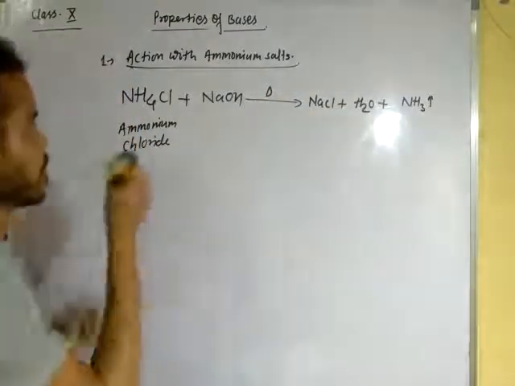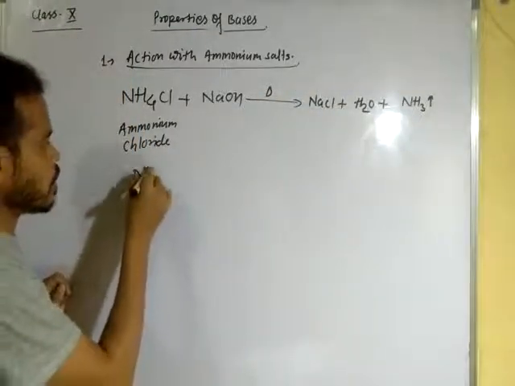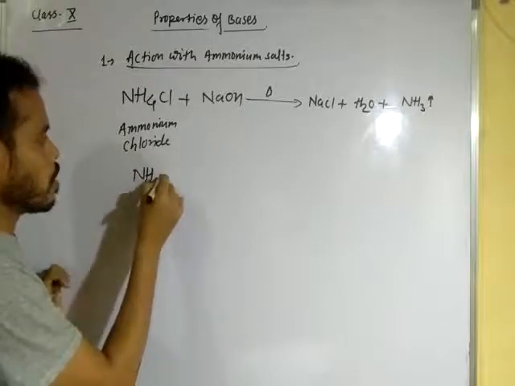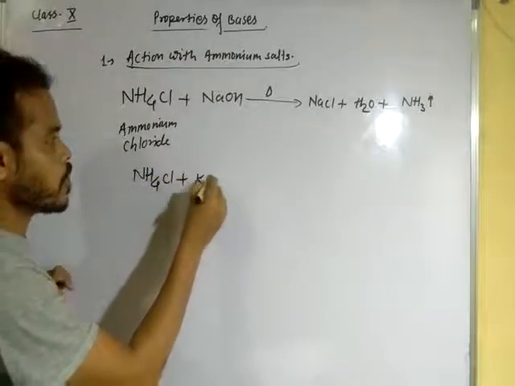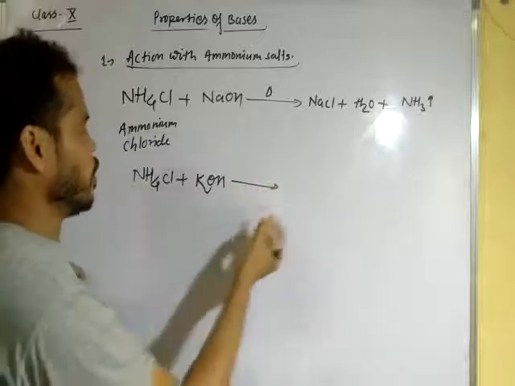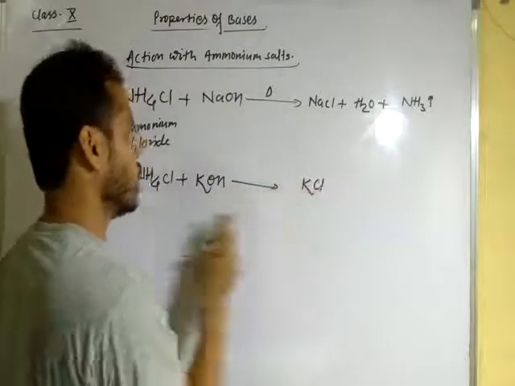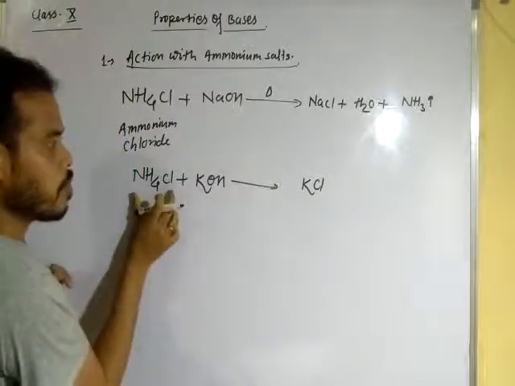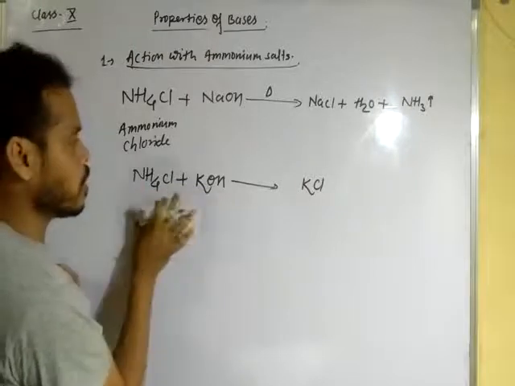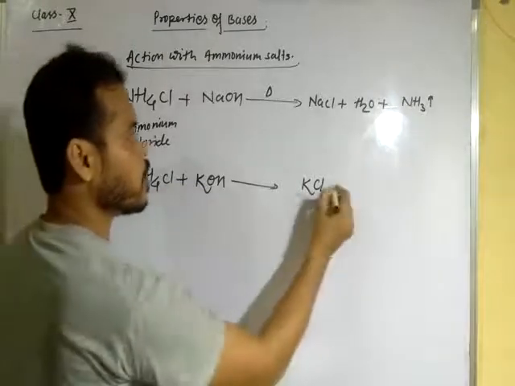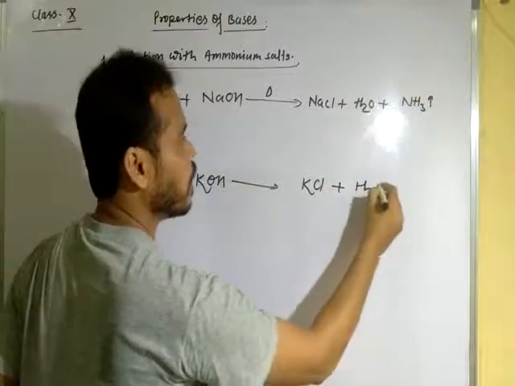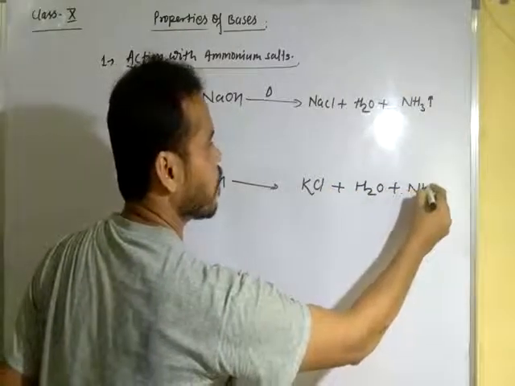Let us see another example: NH4Cl with potassium hydroxide. It will form potassium chloride, KCl, water and ammonia gas once again.